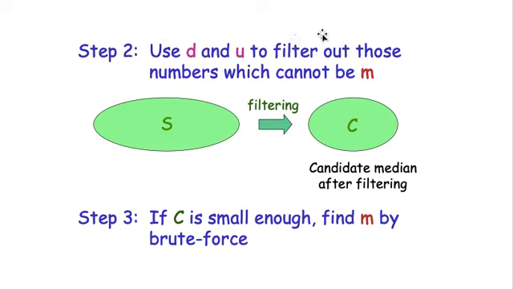If it is larger than U, then it cannot be the median. And hopefully, all the numbers between D and U, which we call the set C, will contain the median. And finally, we sort C. We hope that C is small enough. And then we find the median M after the sorting of C.